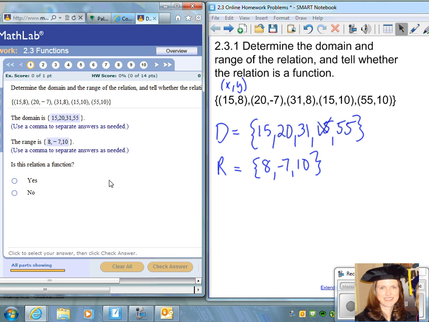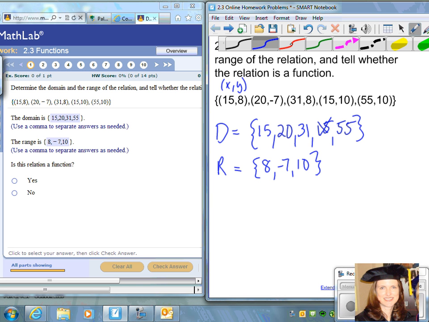Now we're asked to determine whether the relation is a function. If you have any repeated x values, then we can say that this is not a function. If you were to graph these points, any points that would have the same x value for different y values would indicate that the relation is not a function.